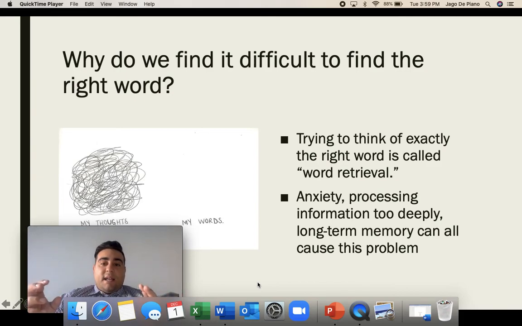By that I mean our thought process gets into another thought process, and another, and we're going back to our memories and kind of losing track. But that's also a good thing, and you'll see that at the end. Still, long-term memory can be a cause of this problem.